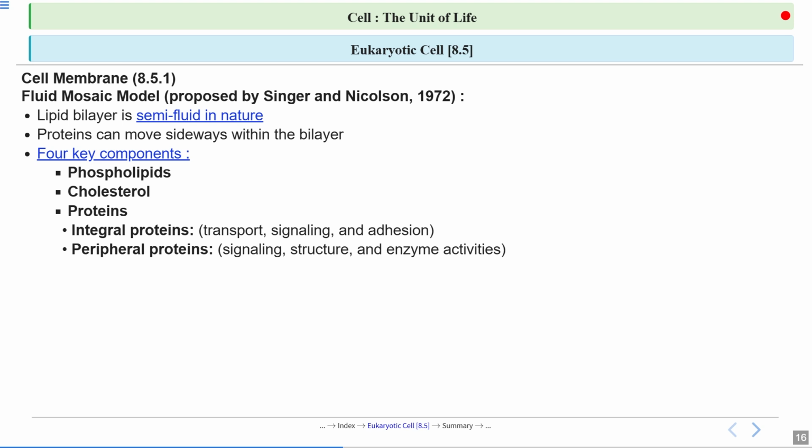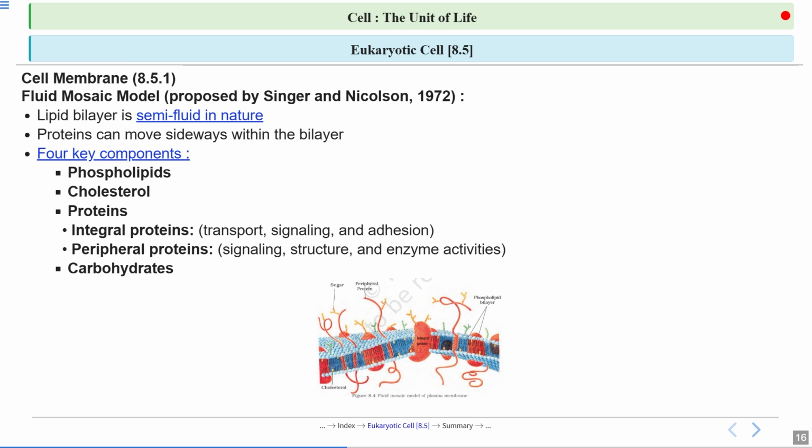Peripheral proteins help in signaling. They also help in enzyme activities as well. Then carbohydrate is also one of the key components of the plasma membrane. So this sugar, this is the carbohydrate.